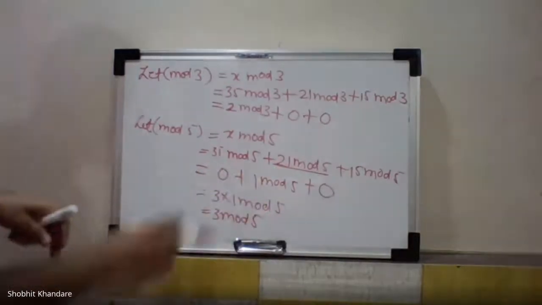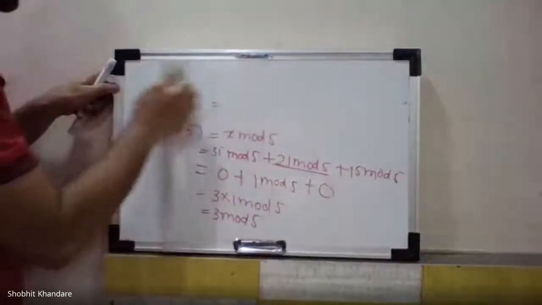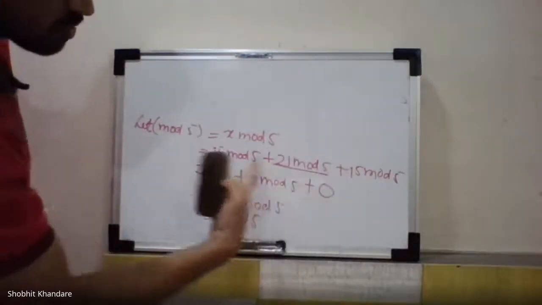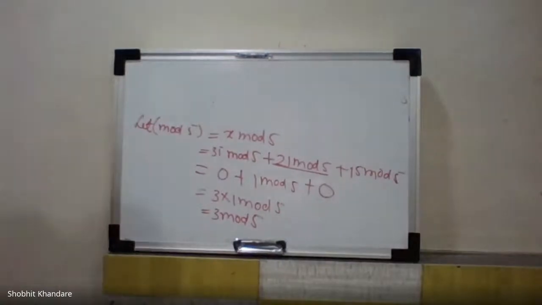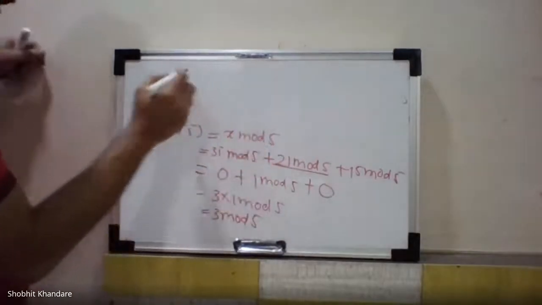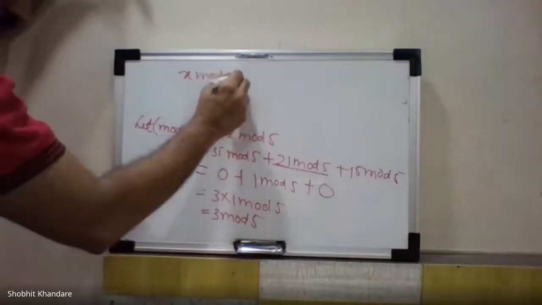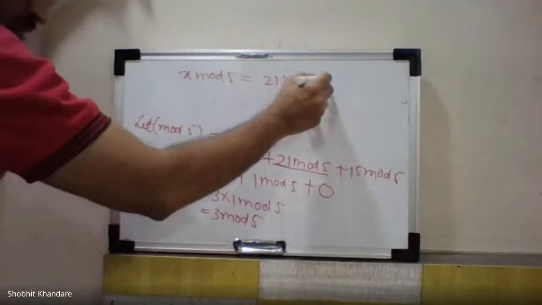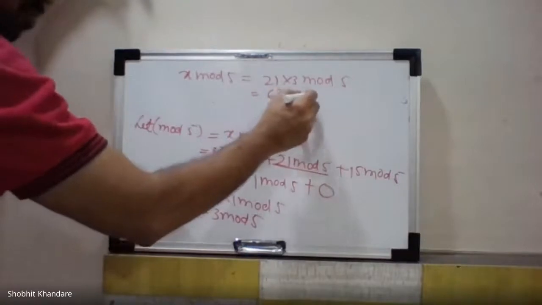If I multiply the second term by 3, not the first and the third, because the first and last are already 0. So x mod of 5 equals 21 into 3 mod of 5, which comes to 63 mod of 5.